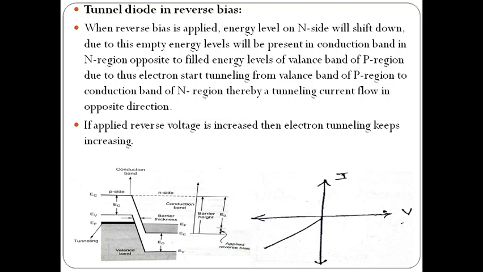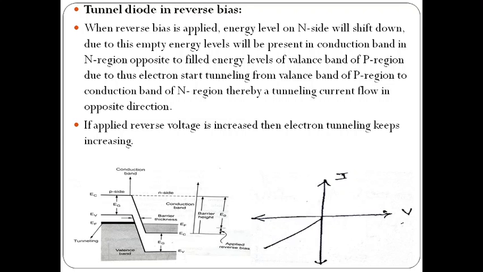Now the diode in reverse bias condition. You can observe the energy band diagram here. When reverse bias is applied, the energy levels on the N side will shift down. The Fermi level is shifted down.